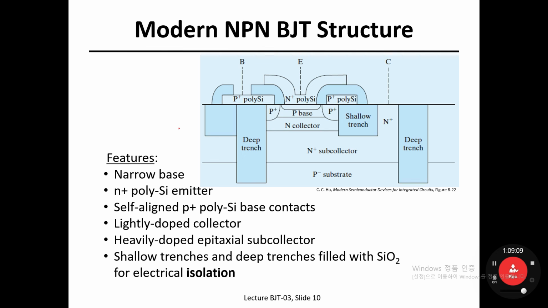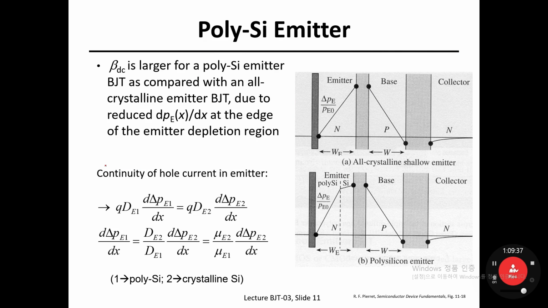And now the last one is modern NPN or PNP. Herein I have brought the cross-section view of a modern NPN BJT structure. However, you may draw your own cross-section view for a modern PNP BJT structure as well. The main features of this modern NPN BJT structure will be explained in the upcoming week. Okay, and moreover there is a polysilicon emitter.